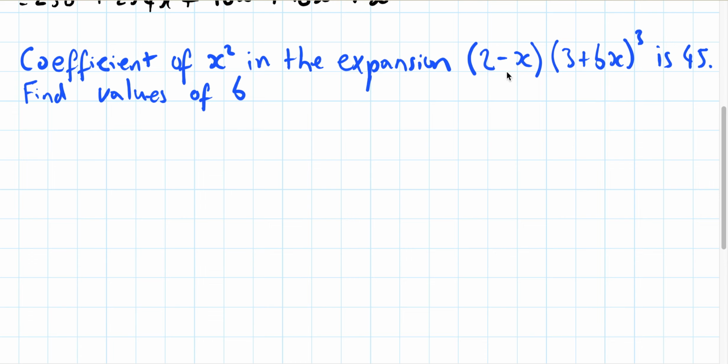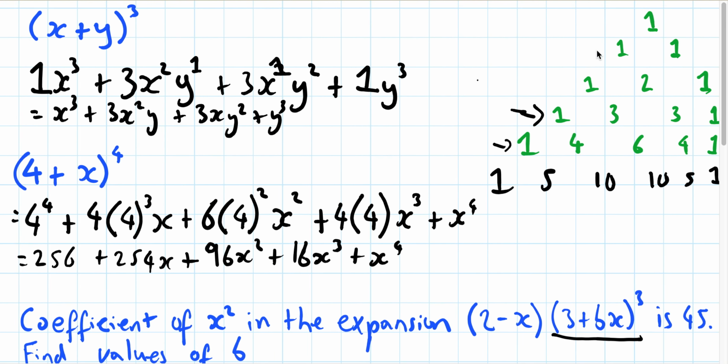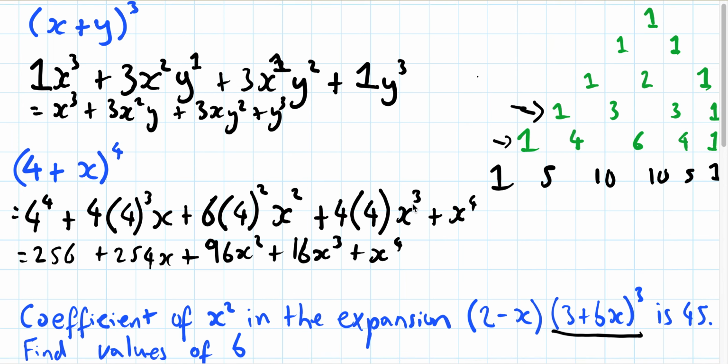If we're given a question like this, just use Pascal's triangle on the term with the high power, and then you can expand them both. So I'm going to keep the 2 minus x on the side, and do Pascal's triangle on (3 plus bx) to the power of 3. For that one, we're going to use the n plus 1 row, fourth row, 1 3 3 1.